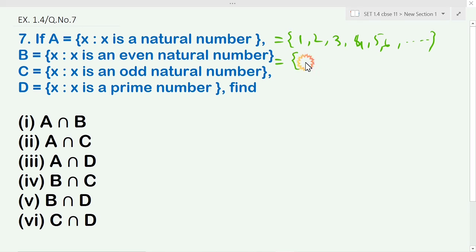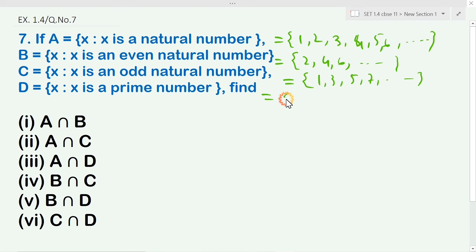Even natural numbers means 2, 4, 6, and so on. C: x is an odd natural number, so C will be 1, 3, 5, 7, and D will be x is a prime number.